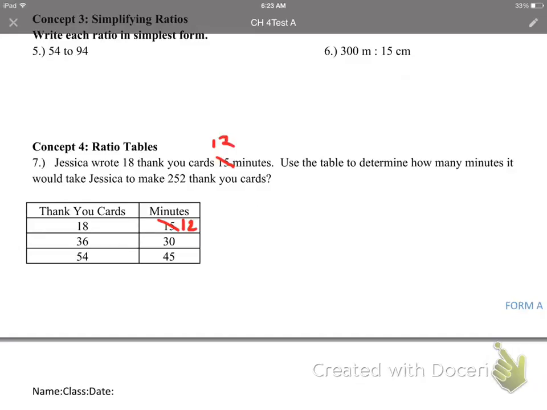So let's see. 18 to 12 is my original ratio. I can divide those both by 6 and I get 3 to 2. So this is kind of the ratio that I'm working with.